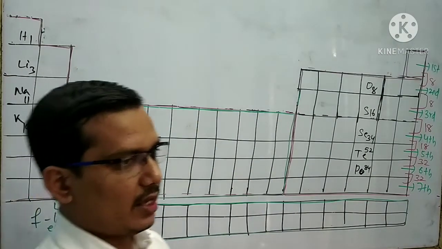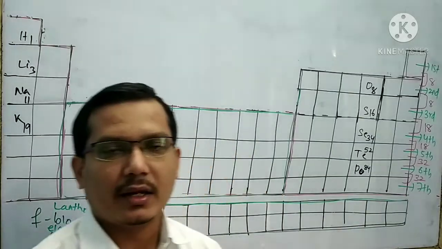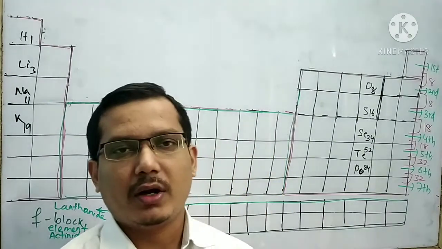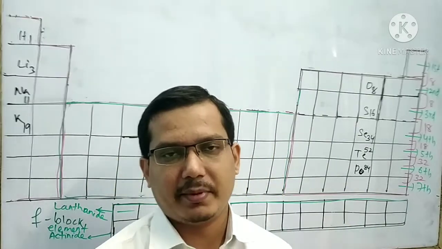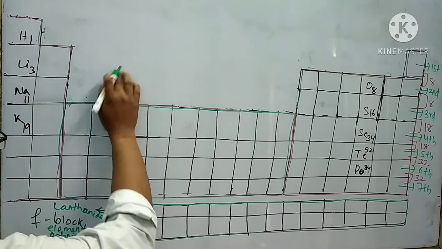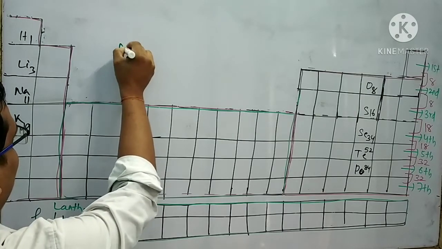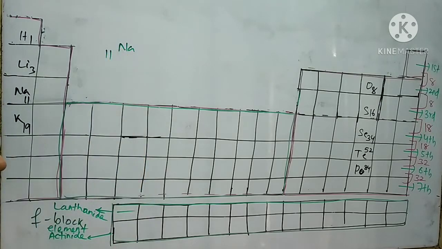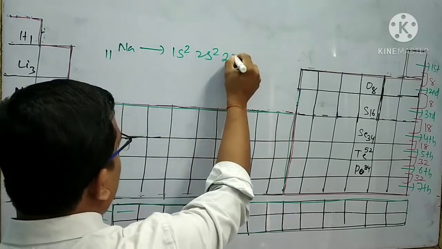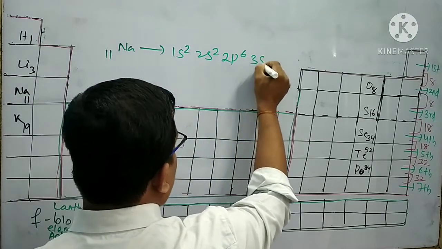Next, I am going to explain how you can write the electronic configuration of any one of the elements present in the modern periodic table. We know that the atomic number of sodium is 11. The electronic configuration is 1s2, 2s2, 2p6, 3s1.